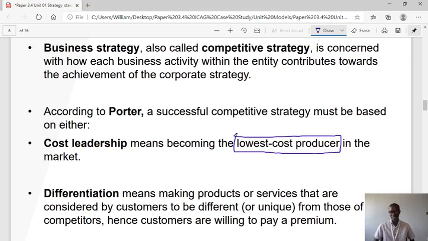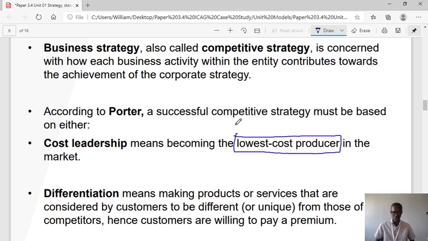They are unique, either by the quality, by the shape, by the location, by the style, by the knowledge. You can make your product or service to be different from those of your competitors. And the intention is that the customers will then be willing to pay a premium for that product or service. That strategy is referred to as differentiation strategy.